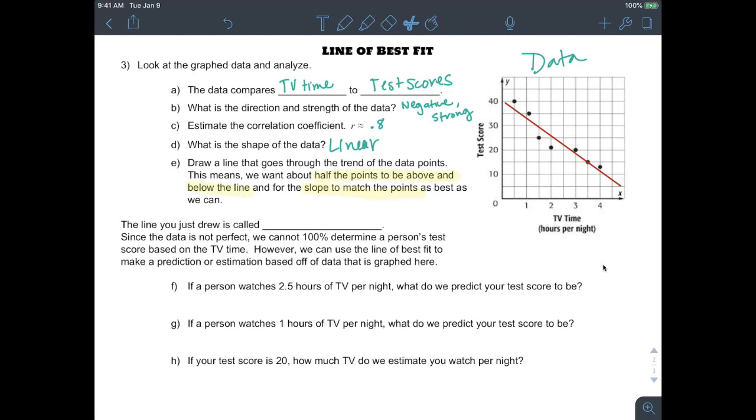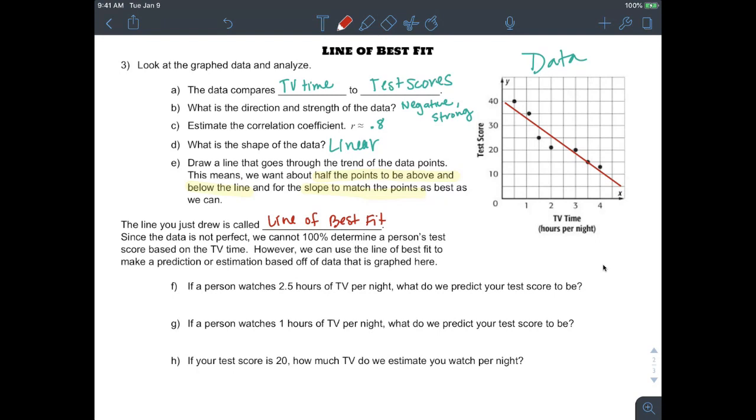So what this line is called is the line of best fit. It's not going to go through all the data points because this is not a perfectly straight line, but it is a good estimation of what we have going on with our information.